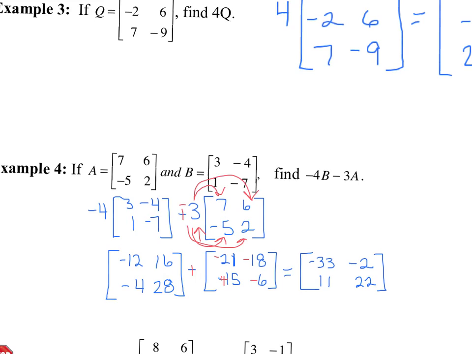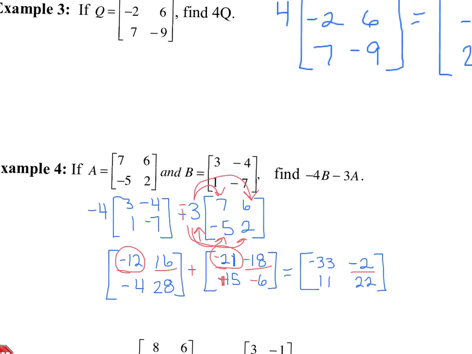So positives become negatives and negatives become positive. And you'll notice that my entries in the result are still the same as they were before. So negative 12 plus negative 21 is negative 33, 16 plus negative 18 is negative 2, and so on. So again, when I see a minus, I like to add the opposite because then I'm ensured that I probably won't leave a negative out somewhere.